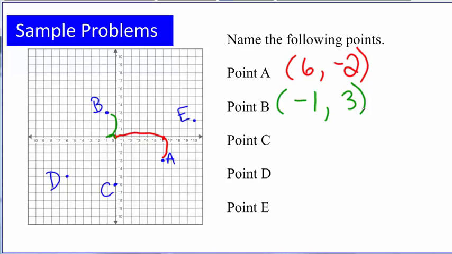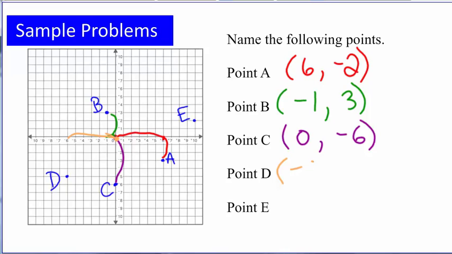Alright, point C. Point C, I don't move left or right to get to point C. So that's 0. But then, from the origin, I have to go down 6. So that's (0, -6). Alright, let's look at point D. Point D, if I start at the origin, I'm going to move 6 left, or 6 in the negative direction from 0.